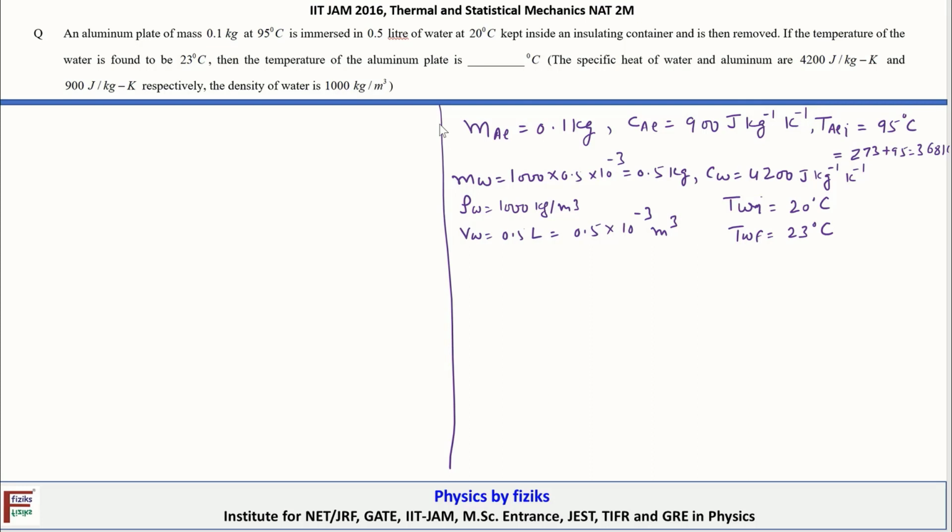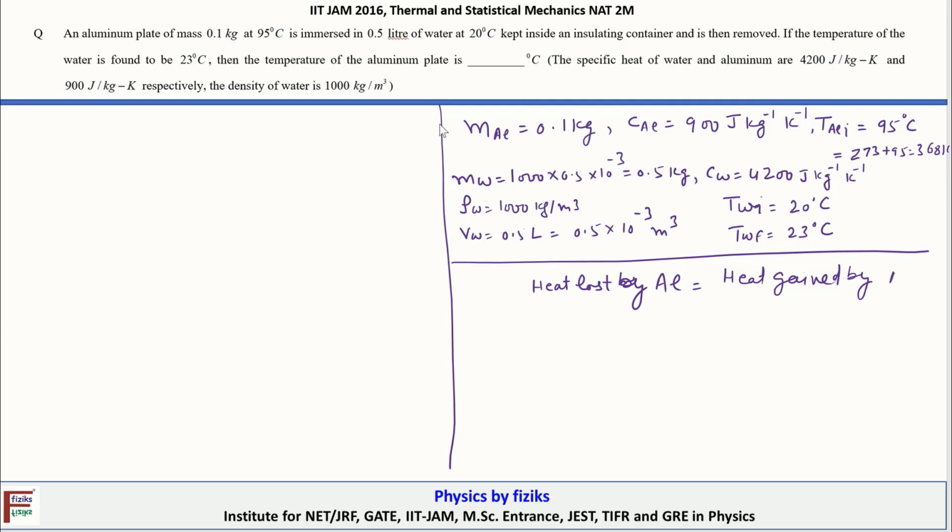With this information we can solve this problem by making use of the principle of calorimetry, which says that initially the aluminum was at a higher temperature, so it will lose heat. So heat lost by aluminum is equal to heat gained by water.